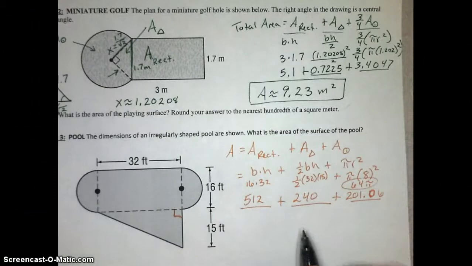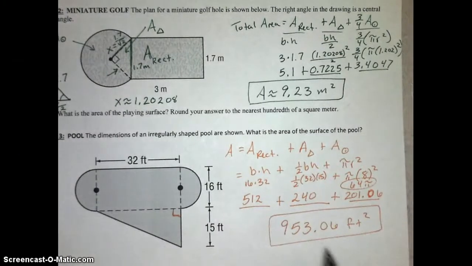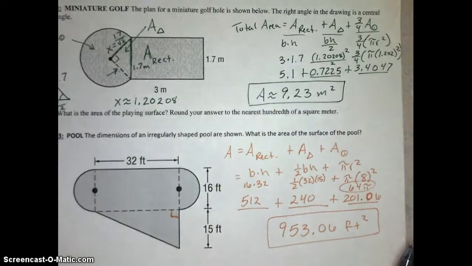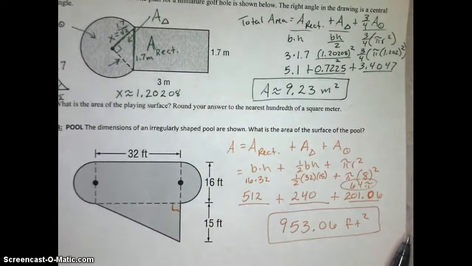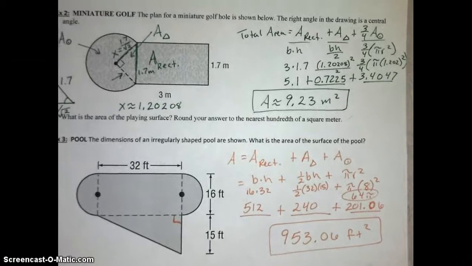And if I add all those together, I should get this. That the area of the composite figure, the area of this surface of the pool, is about 953.06 square feet.